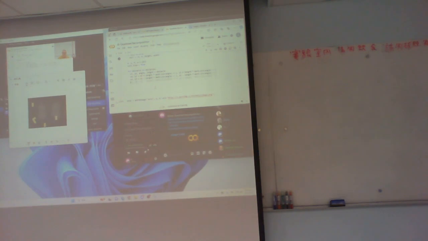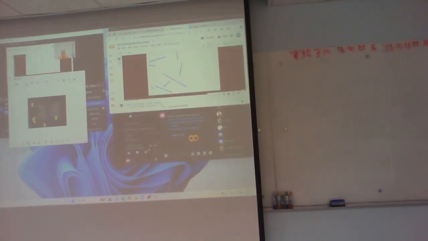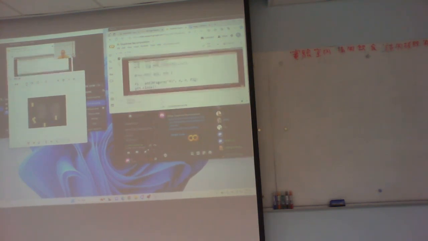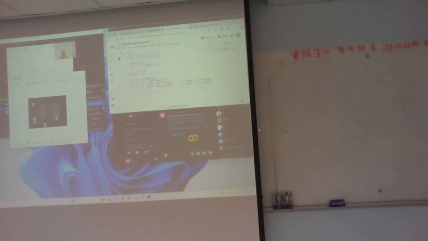X4, what's X4 now? X2 minus, and now this is also dumb. So the line goes from X2, Y2 to X3, Y3. That's what I'm drawing to, right? Yeah. So X and Y will be the center of the obstacle.